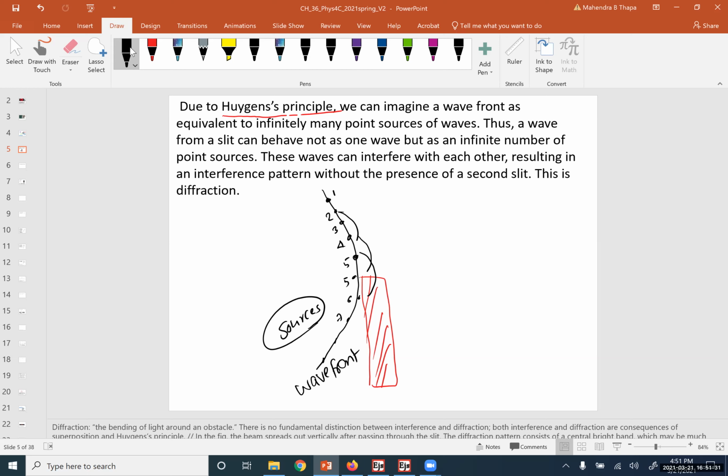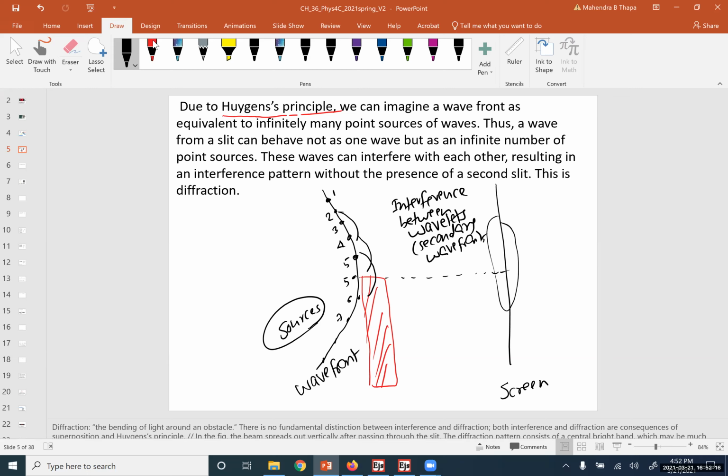So when it comes to the screen, because of the interference between wavelets, also called secondary wavefronts, the intensity of light gets modified.